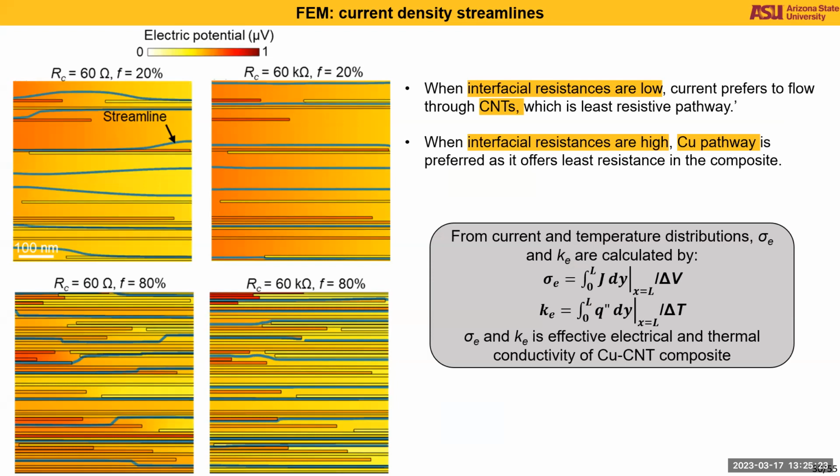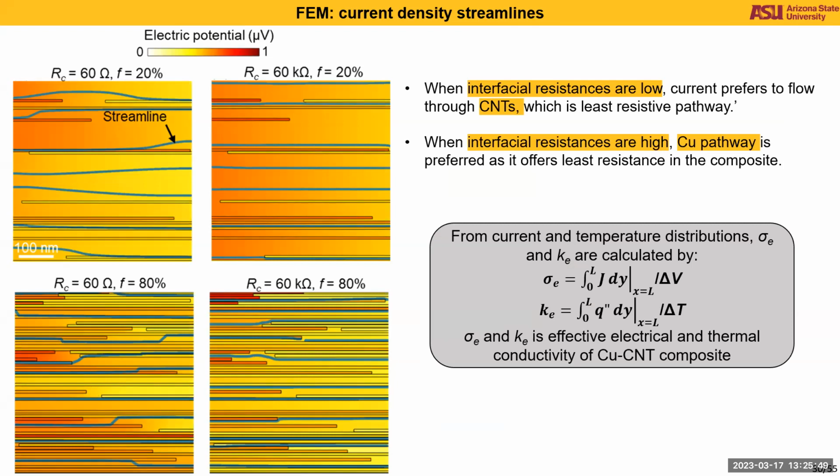And if you look at the current density streamlines, when the interface resistance is well regulated on the left side, we see that the current tends to flow through CNTs, as CNTs are highly conductive and they offer the least resistive path through the microstructure. This is more easily visible in higher fractions. You can see that the current literally jumps from one CNT to another CNT.